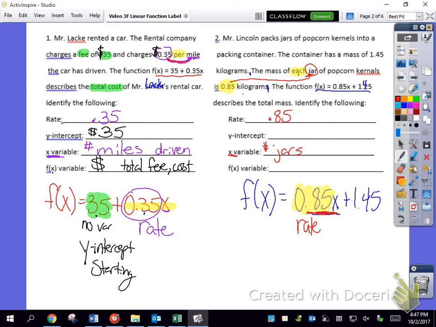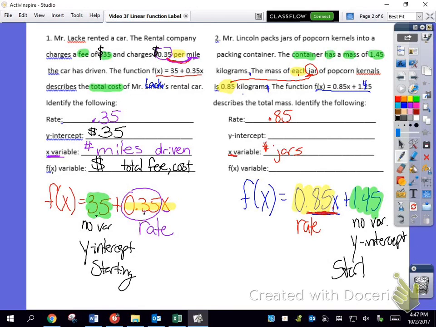Well, what was my starting amount? The container has a mass of 1.45. See this 1.45? This one has no variable. Okay, if it doesn't have a variable, that is my y-intercept. It is my starting point.